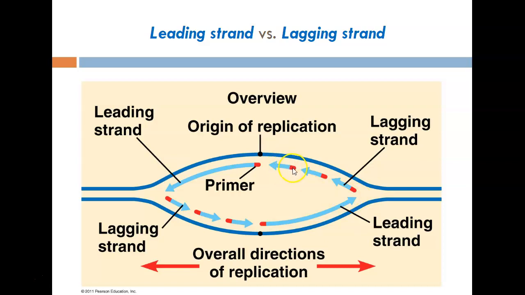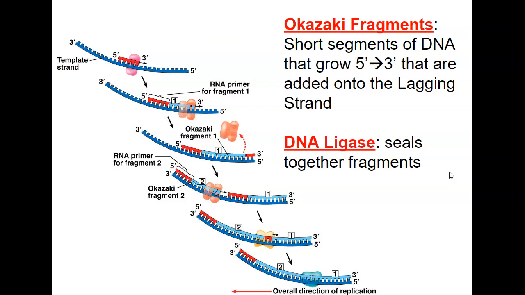So what they end up having to do is make these little chunks and then attach them in an overall 5' to 3' direction. Again, those are what we call Okazaki fragments, and we'll get to those hopefully in a little bit. Like right now. So these are short segments of DNA that are made in the 5' to 3' direction, and then they're tacked onto the lagging strand.